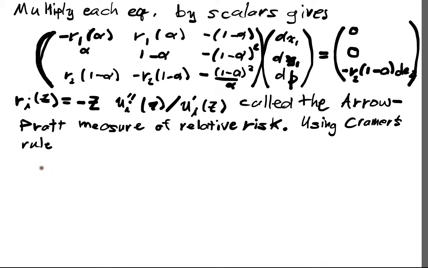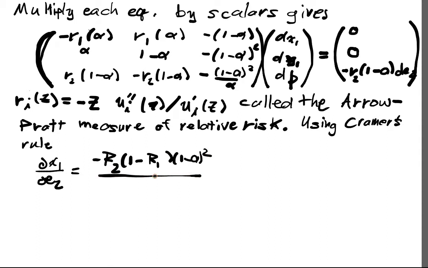So I have dx1 dE2 is going to be equal to negative, again we have to do substitution to make this not look atrocious, 1 minus R1 of 1 minus alpha square all over d.